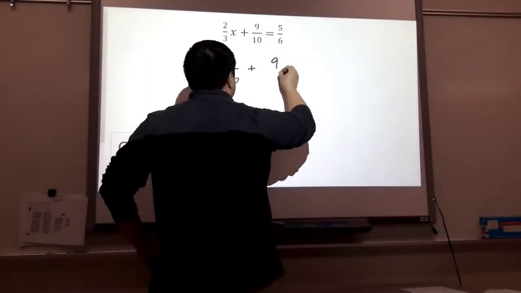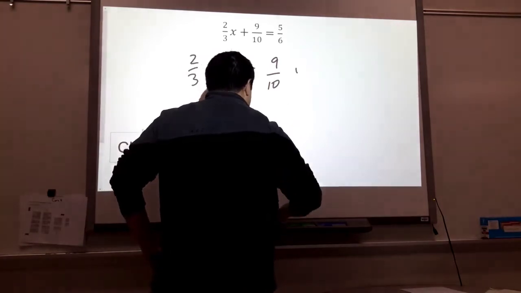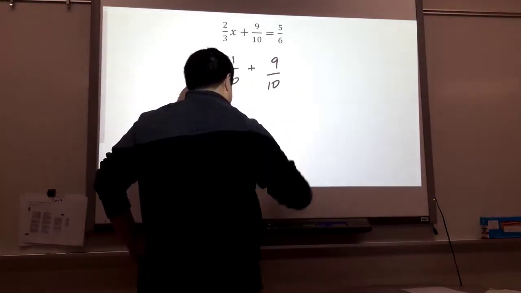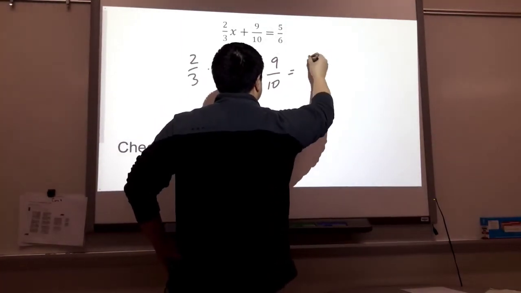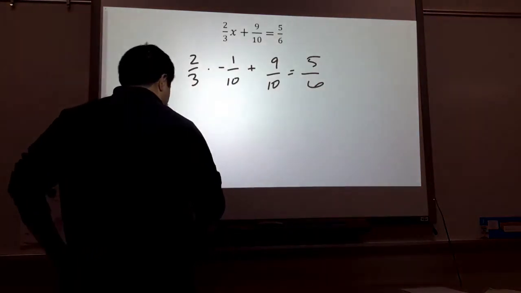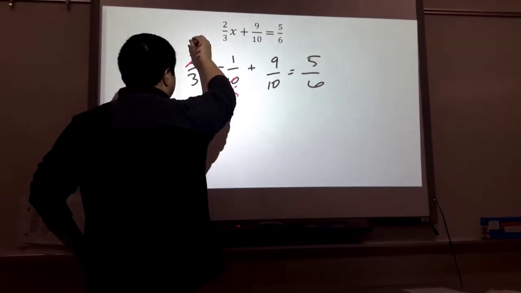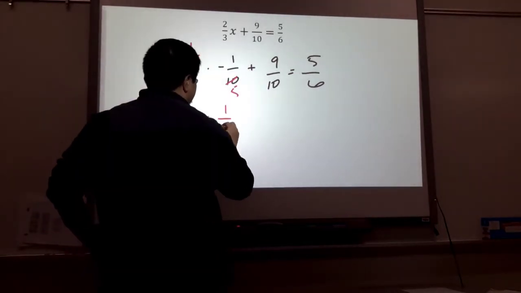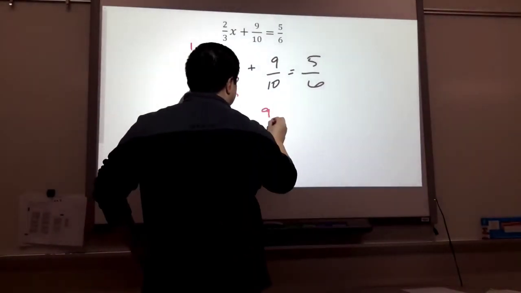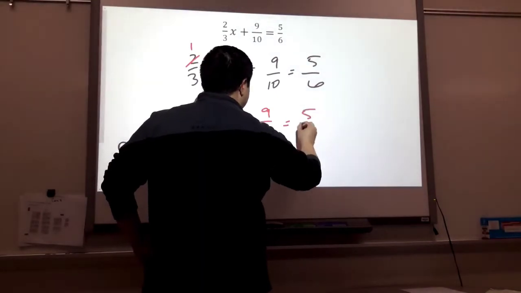Plus 9/10 will hopefully get us 5/6. We can in fact cross cancel right here, so this is negative 1/15 plus 9/10 will hopefully get us 5/6.